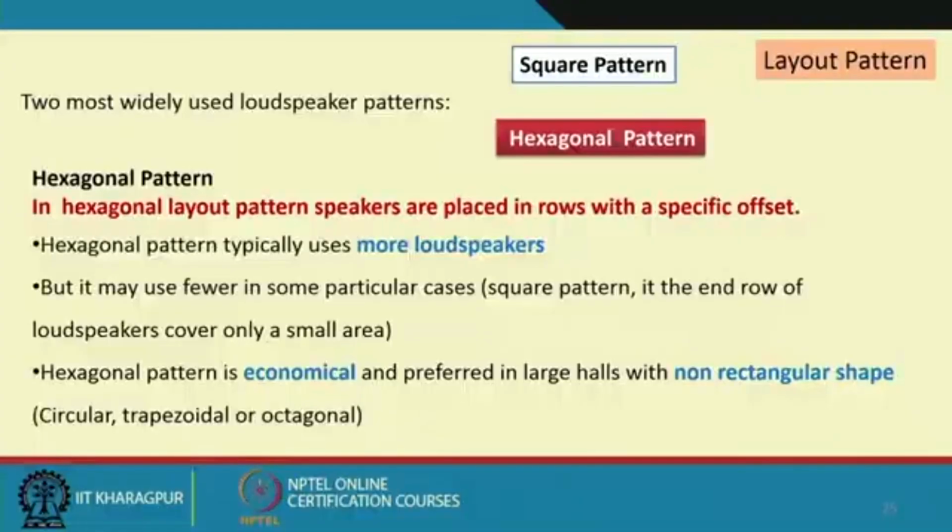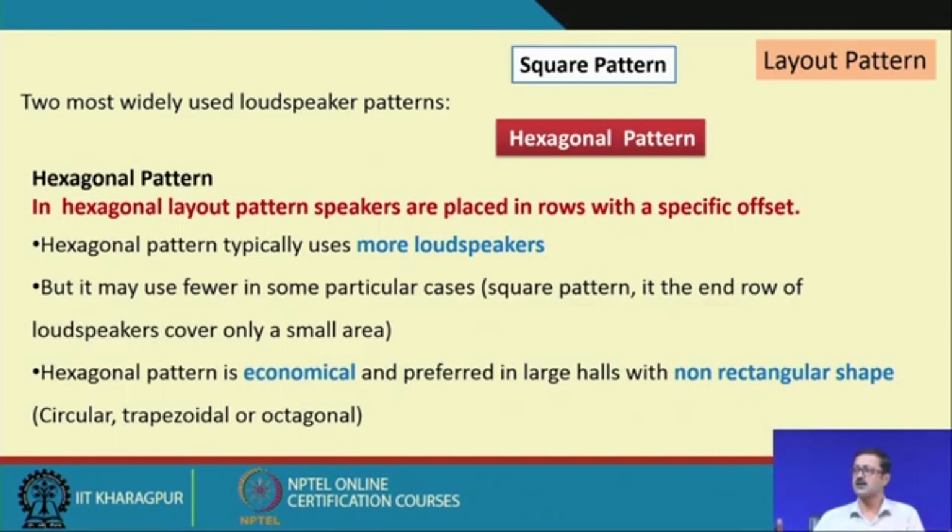Then sometimes we have to go with a hexagonal pattern in those areas, because some portion may be uncovered. Sometimes the hexagonal pattern is also economical when we deal with non-rectangular spaces, suppose a circular auditorium, or a trapezoidal or octagonal lecture hall or something like that. In all those areas a square layout may not be economical, hexagonal will be economical.